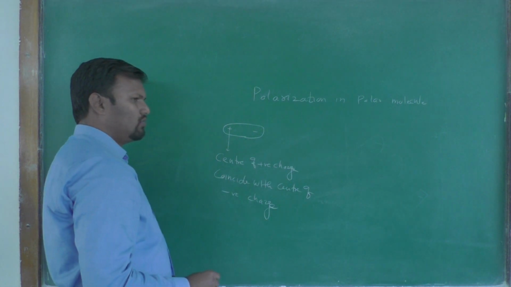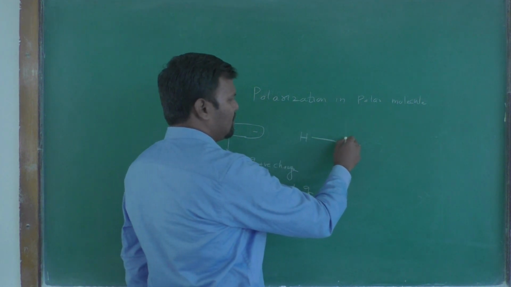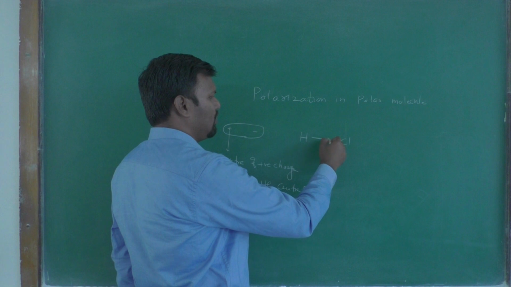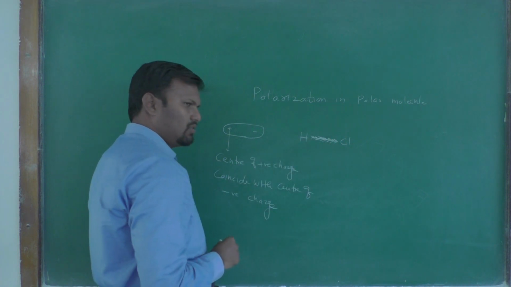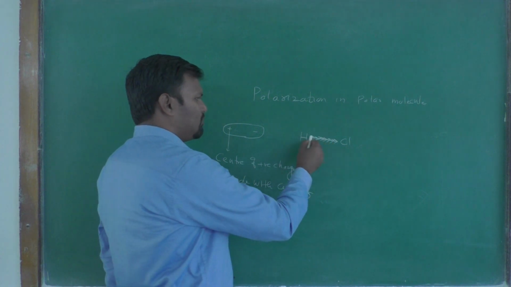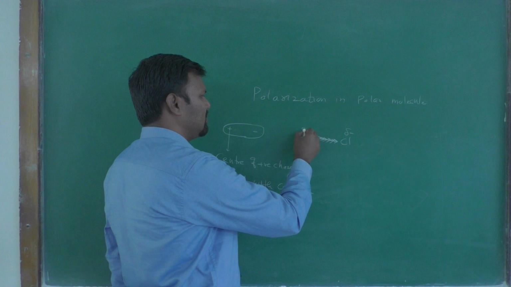Okay, due to the factor, if suppose we have the example HCl, chlorine is the more electronegative element, it pulls the electron towards itself through the bonds, therefore it is having delta minus charge and the other is having the delta plus.